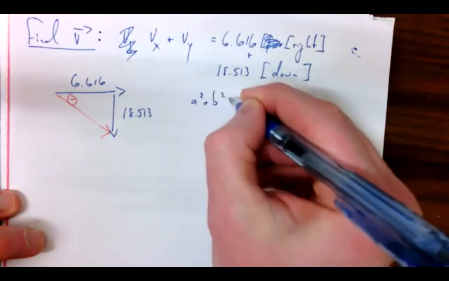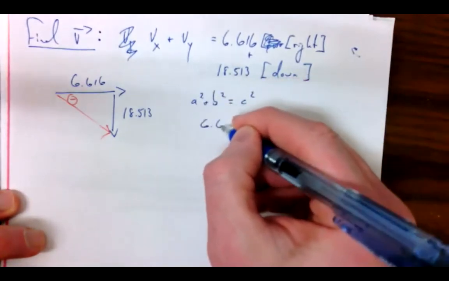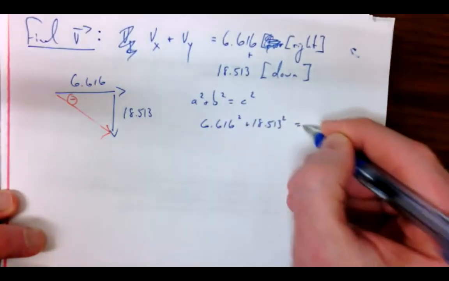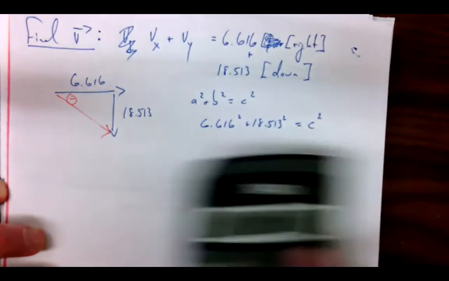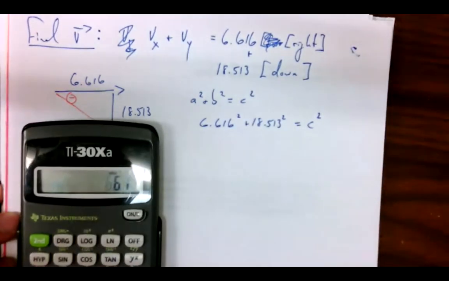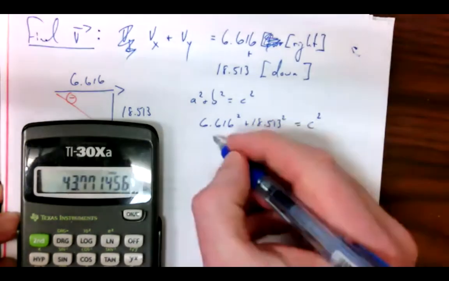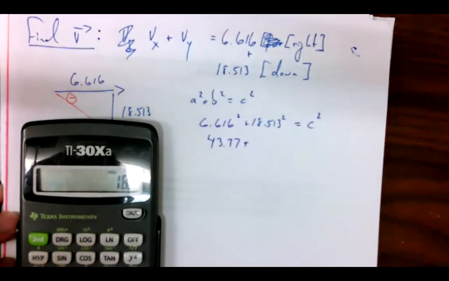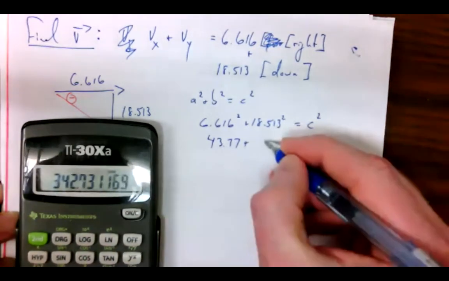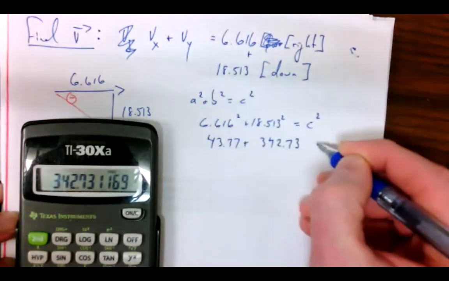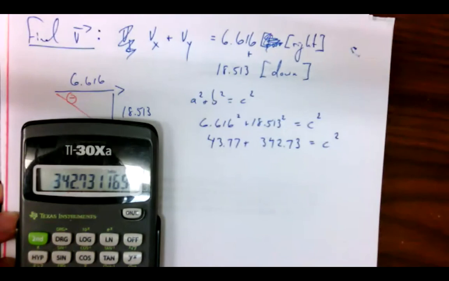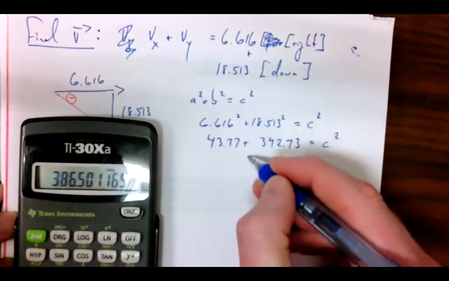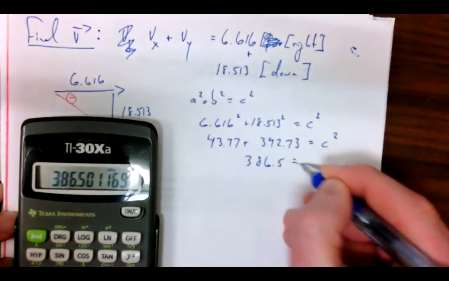A squared plus B squared equals C squared. 6.616 squared plus 18.513 squared equals C squared. 43.77 plus 342.73 equals C squared. 386.5 equals C squared.